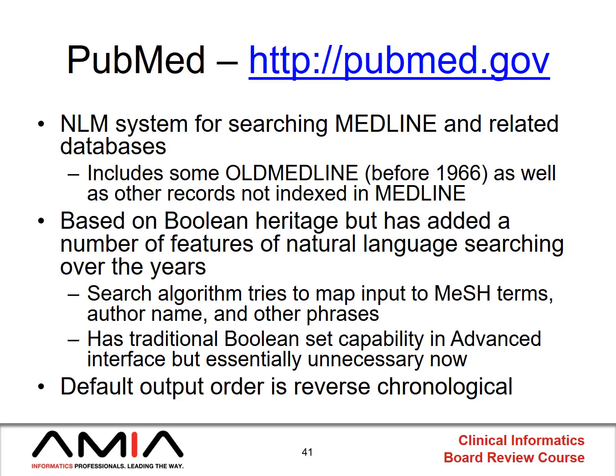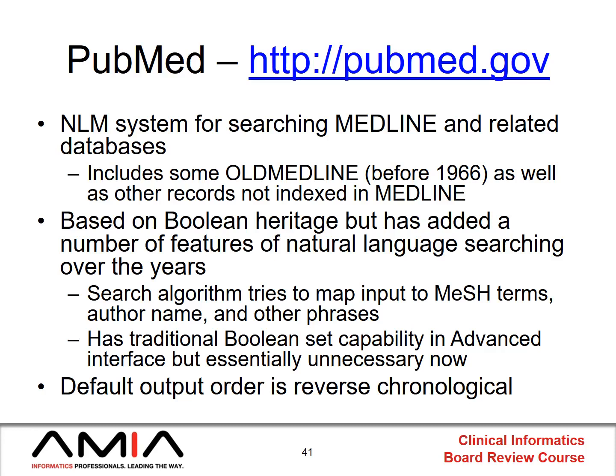PubMed does have a Boolean set capability in its advanced searching interface, but this interface is almost essentially unnecessary at this point, as the screen interface can do just about everything that the Boolean set interface can do.